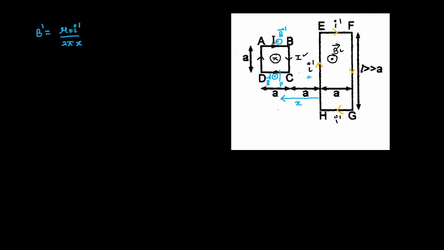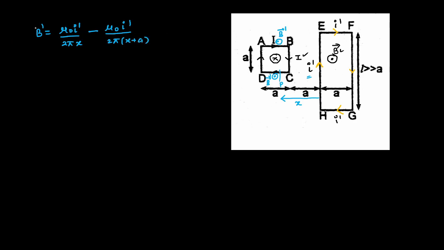and that will be into the screen, right? So EH will be out of the screen and FG will be into the screen, and I hope you are familiar with how magnetic field lines will be because of a current carrying wire. So I'll be writing minus of mu naught times I dash divided by 2 pi times x plus a.